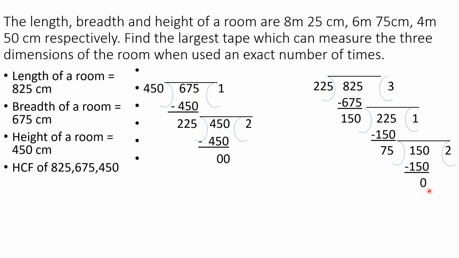This remainder is 0 because of this divisor 75. That's why this 75 is our HCF. It means the HCF of all these three numbers is 75 centimeter, and it is the length of that tape. So the length of the tape will be 75 centimeter.